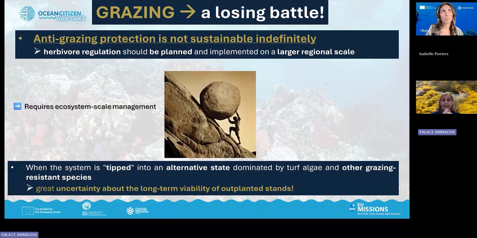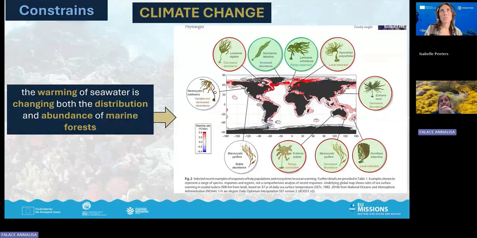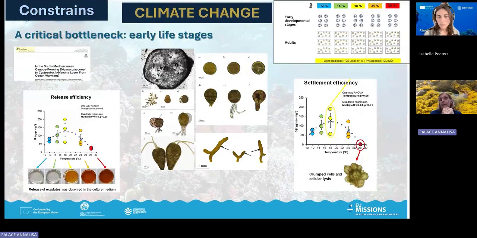to choose other areas. Another important constraint is climate change. Climate change affects the distribution and abundance of natural marine forests, but also strongly affects the early stages and the fertility of the species we have to cultivate.